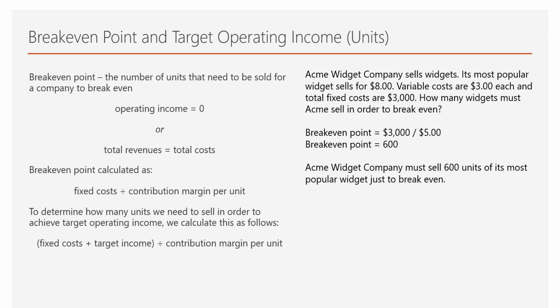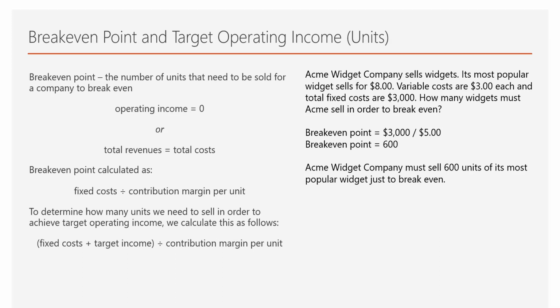Again, how do I get my contribution margin per unit of $5? I take my sales price per widget and subtract out my variable cost per widget. So $8 minus $3 gives me my contribution margin of $5 per unit. So when I take my $3,000 of fixed costs in total divided by my contribution margin of $5 per unit, my break-even point is 600 units.